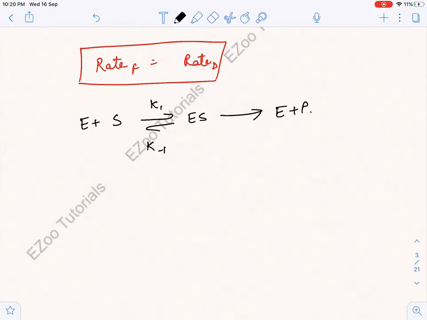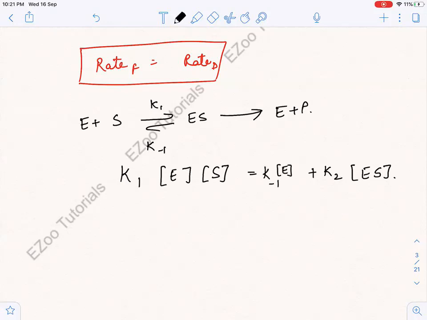We can see that K1 enzyme substrate is equal to K minus 1 plus K2 E and S, right? So इसमें हमने क्या देखा कि we saw that, sorry, this should be K minus 1 E and S.